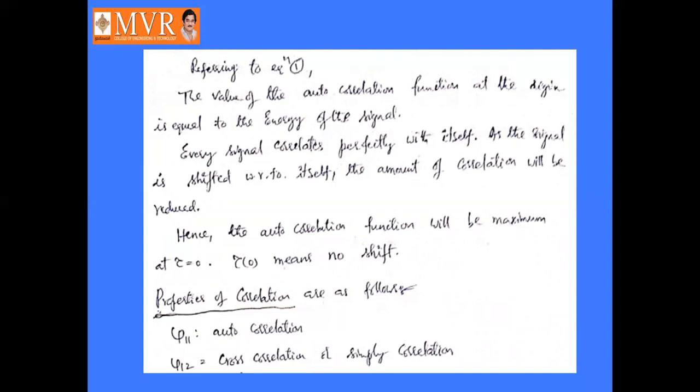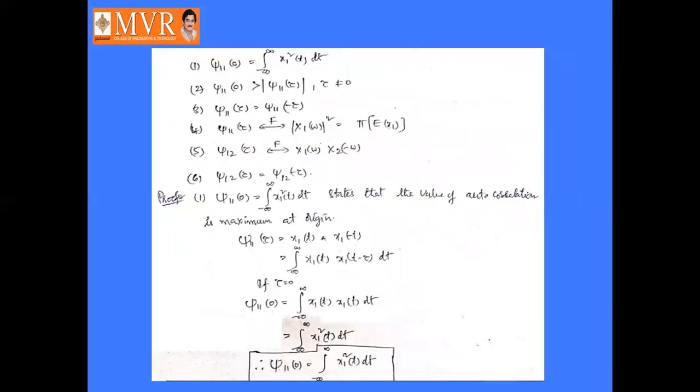Now coming to the properties of correlation. Here we have to note that phi11 is autocorrelation, phi12 is cross correlation or simply correlation. So these are the properties of the correlation function. First one is phi11 of 0 is equal to the integral from minus infinity to infinity of x1 square t dt, that is the energy of the signal.